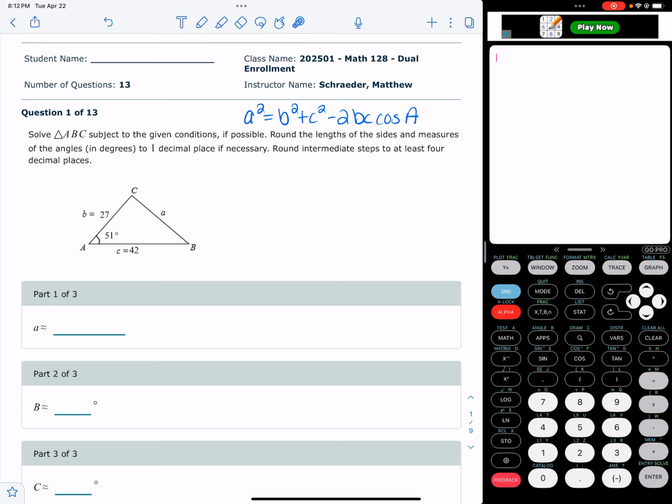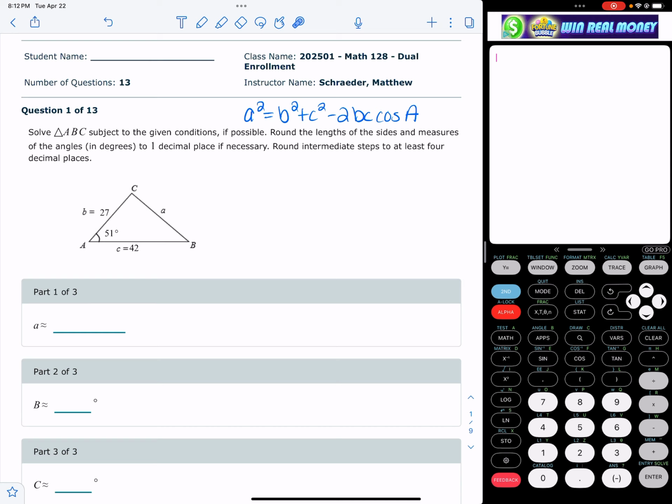If we tried to use law of sines here, we would have to have this side. Or if we tried to use it with B, we would have to have this angle. But we can't make a pairing, so we have to use law of cosines. Law of cosines does not involve the ambiguous case, so you'll never have more than one triangle possible.